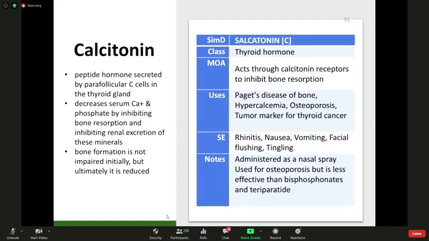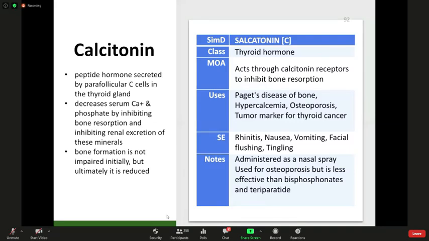Okay, the next drug is calcitonin, which is probably familiar to you because it is a thyroid hormone produced by the parafollicular C cells in the thyroid gland. When you give it, it actually inhibits bone resorption, but it's not given for the long term because ultimately bone formation is also reduced by the administration of calcitonin. So para saan siya? Ba't pa siya binibigay?